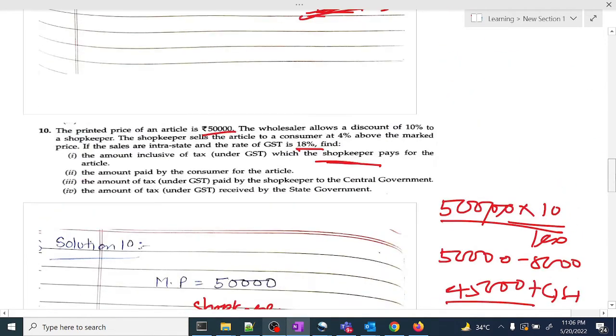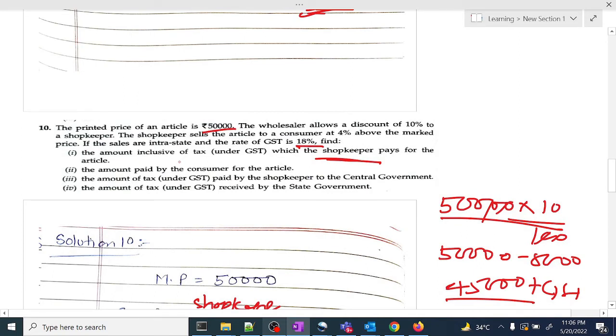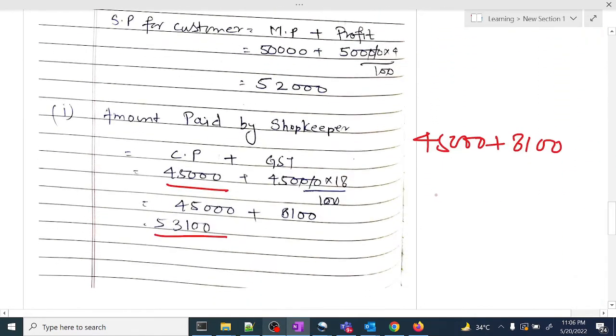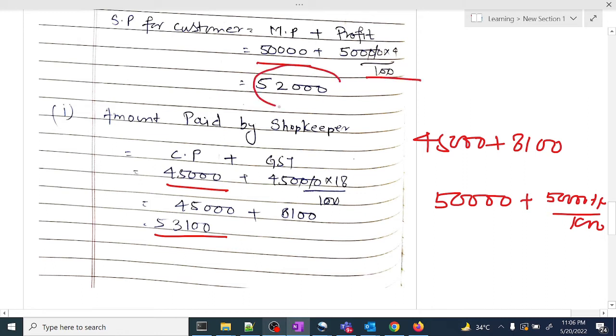Now it says the amount paid by the consumer for the article. The first was the amount paid by the shopkeeper. So for the consumer, how much is the consumer paying? As we know, the shopkeeper is taking 4% above the mark price, right? So the customer is paying how much? 50,000 plus 4% of 50,000, which is 52,000 rupees.